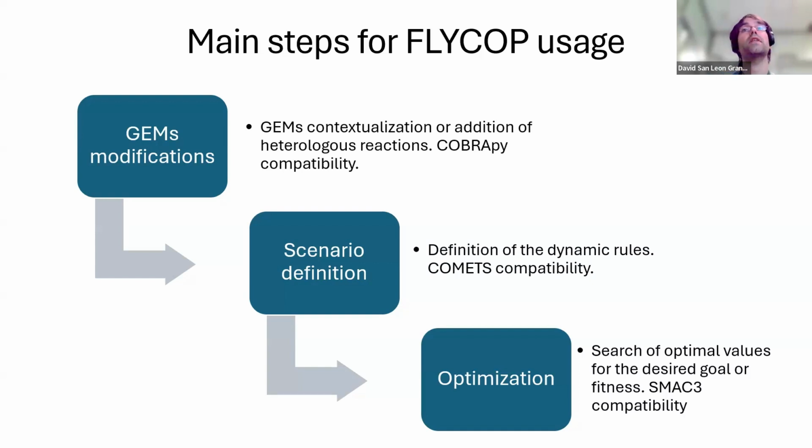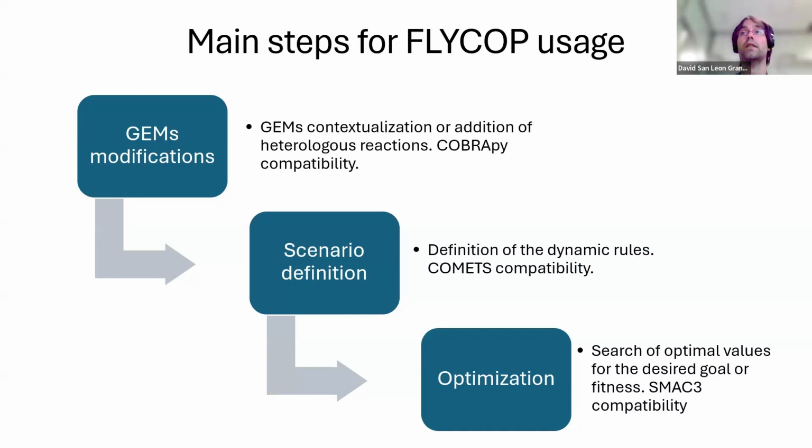The second step is the definition of a scenario. This is an important and complex step, because it is necessary for the user to have programming skills based on COMETS, to program a scenario that mimics the dynamics you want, and at the end, FLYCOP will run the optimization and iterate several times until it finds the best solution.